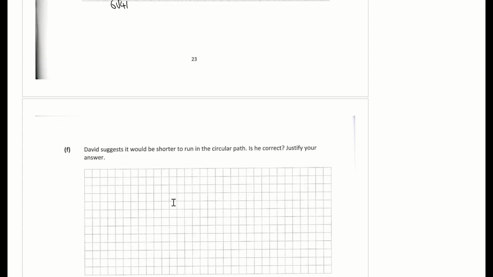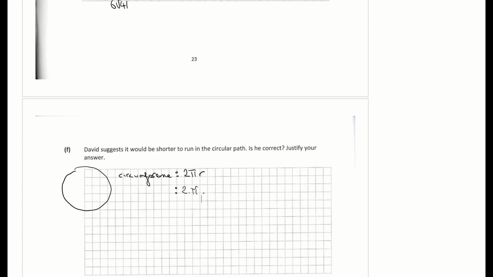So the circular path is basically the length of our circle. And from our log tables, the circumference or the perimeter of a circle is given by the formula 2 pi r. If we fill in that formula, we get 2 multiplied by pi multiplied by the radius.